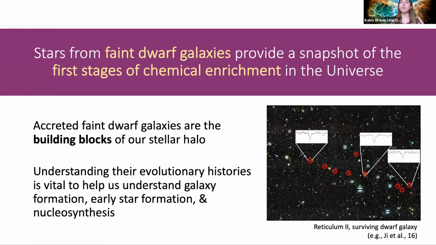If we want to understand their evolutionary histories and our own Milky Way formation history, it's vital to understand how these dwarf galaxies evolved, to learn about galaxy formation, early star formation, and the nucleosynthetic processes that formed all these chemical abundances in the stars we observe.